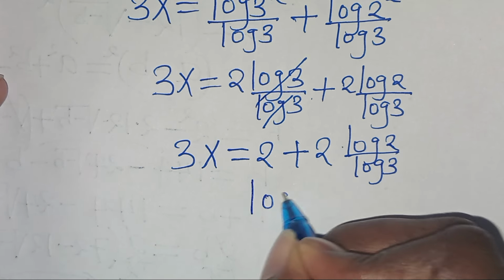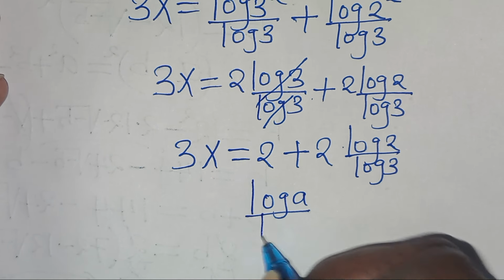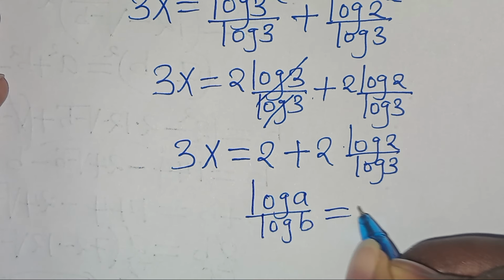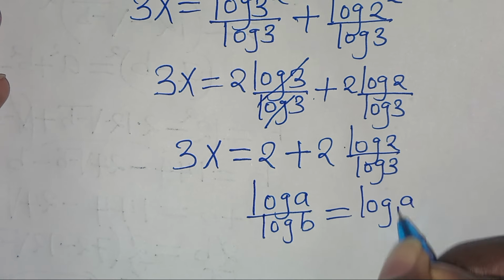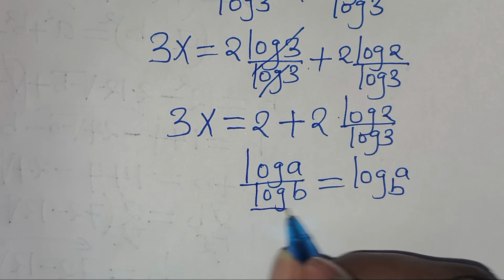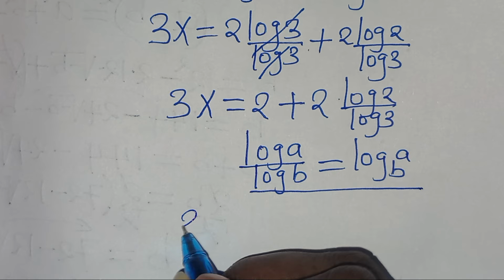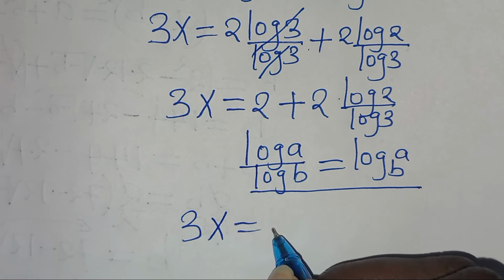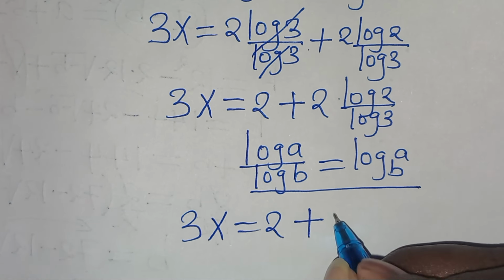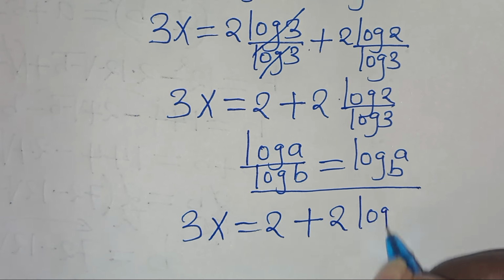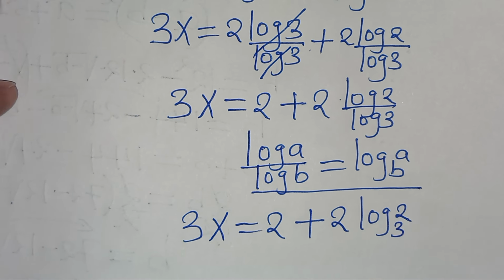This is in the form of log a divided by log b, which we can express as log a to base b. Applying this logarithm property, then we have 3x equal to 2 plus 2 log 2 to base 3.